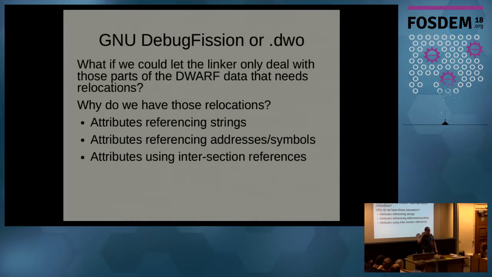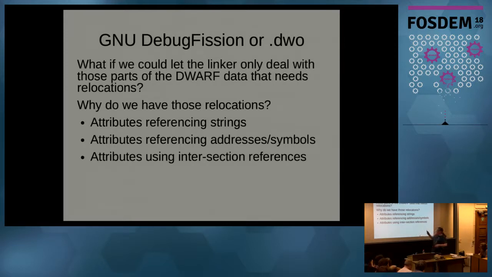It's still very large, and if you look in the example, you see lots of relocations, references to other data sections, and the linker actually has to deal with all that. So what do we really need them for?